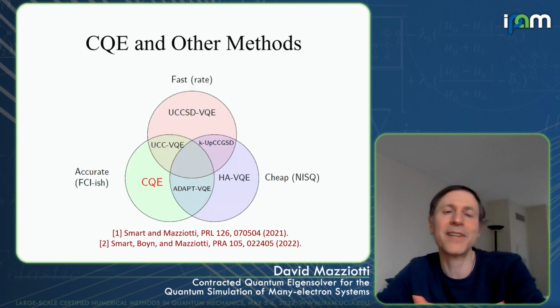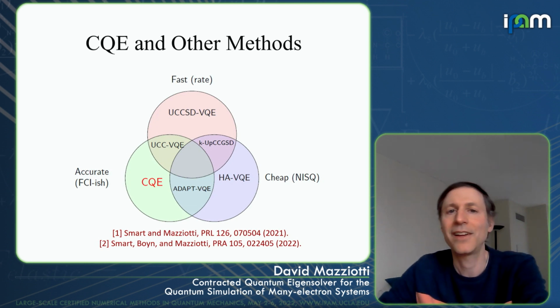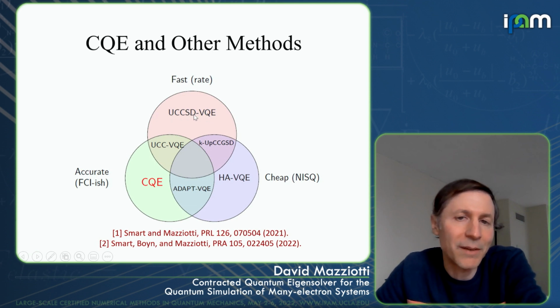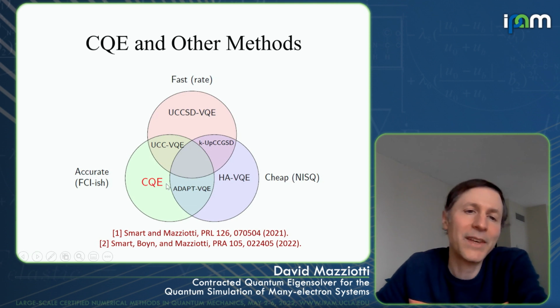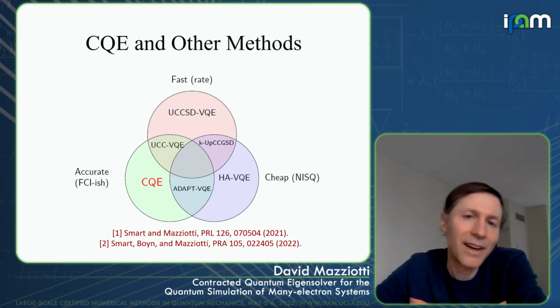How does this compare, for example, to other algorithms in the Variational Quantum Eigensolver (VQE) framework? So first of all, probably some of the fastest algorithms are to use the VQE with a unitary coupled cluster singles doubles Ansatz. So the CQE is really more of an accurate calculation because our Ansatz goes significantly beyond a coupled cluster singles doubles Ansatz.